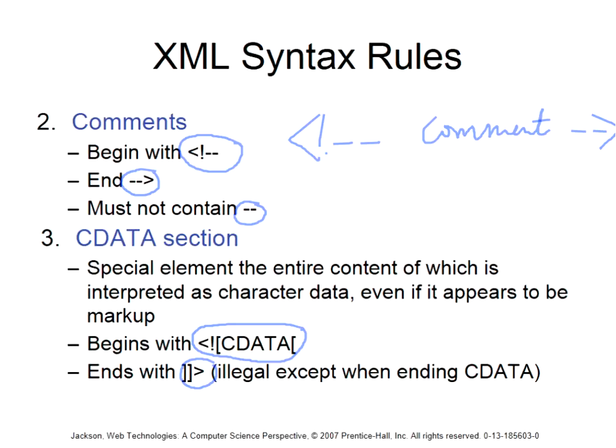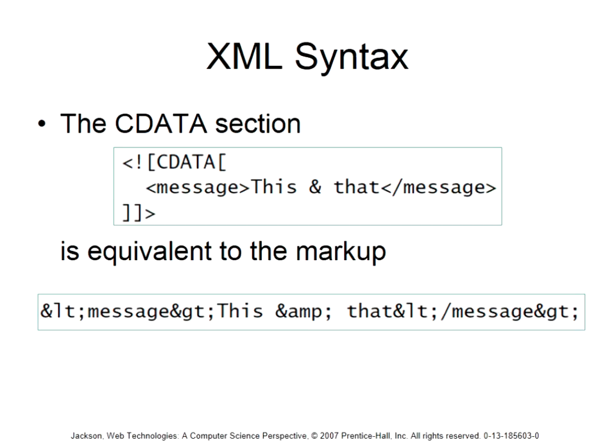So a CDATA section is a special element, the entire content of which is interpreted as character data. This is an example of a CDATA section. So in an XML document we can find this section.